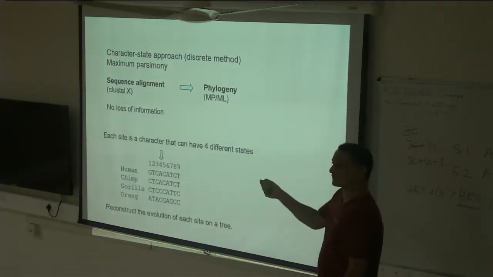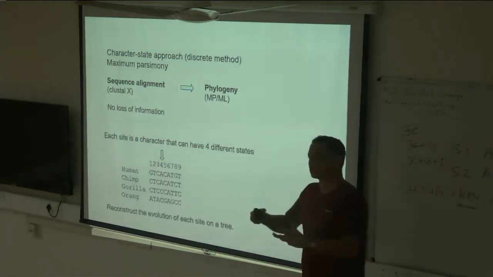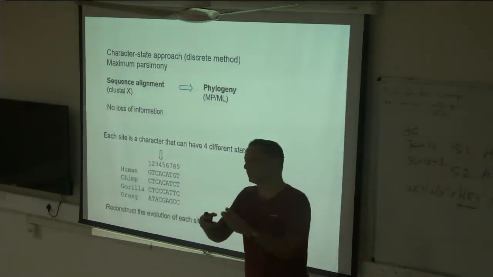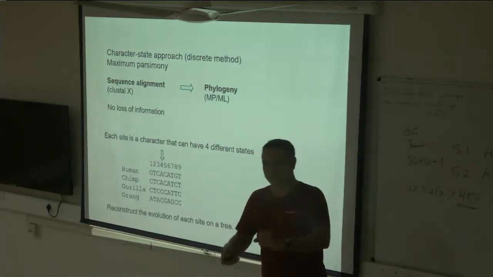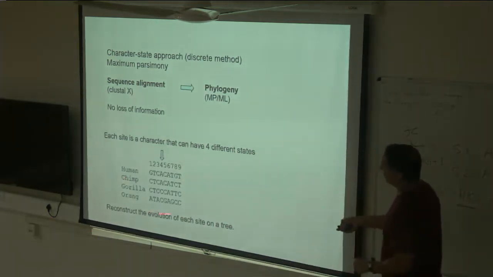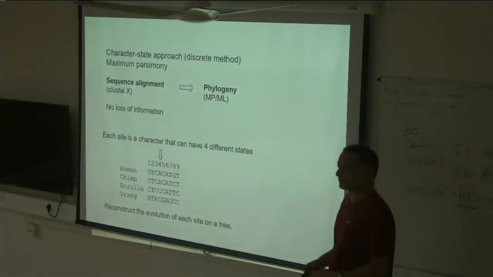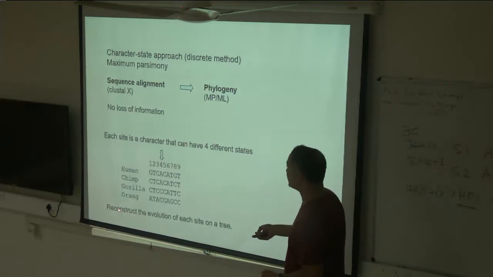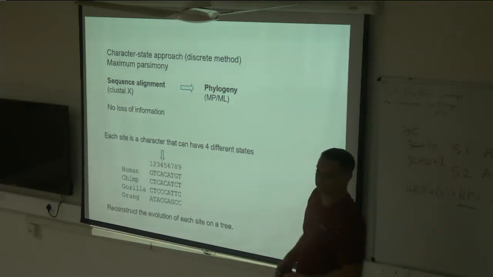Whereas in the distance-based tree building method, you are converting all these characters, the differences in characters, into a single number, pairwise distance. And that's why people have argued that the character state approach is much more superior, because we are reconstructing the evolution of each site on a tree.